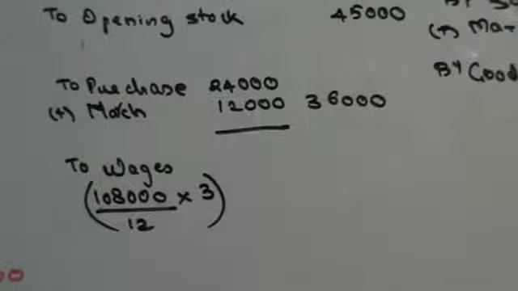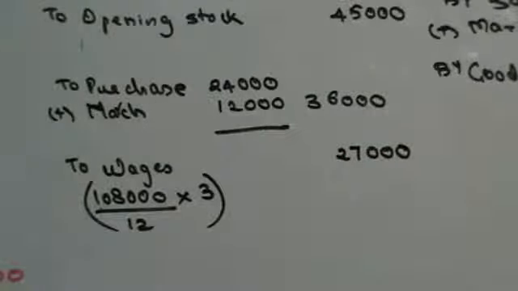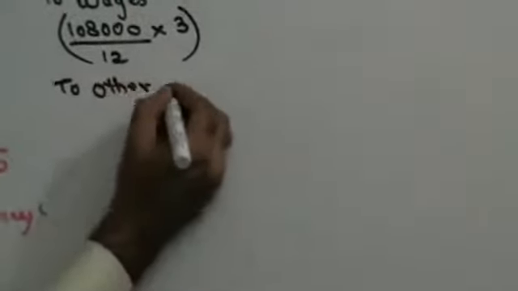So for 3 months, it will be 1,08,000 into 3 divided by 12, which will work out to be 27,000. At the same rate as it occurred in the last year. Whatever was the monthly wage rate last year, the same should be the monthly wage rate for the current year also.